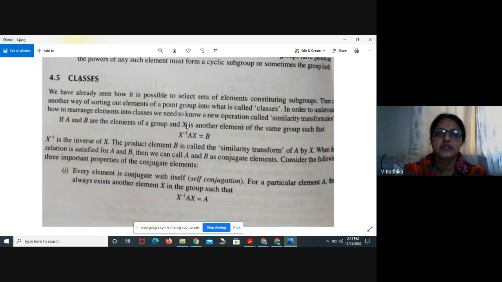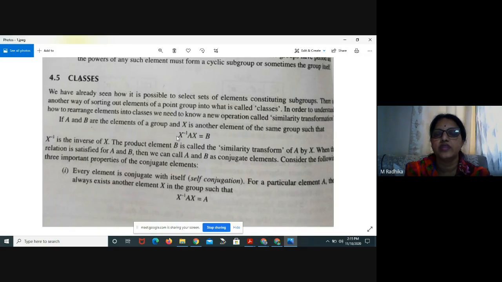So these are the symmetry elements. So in general, if I take any point group and A, B and X as the symmetry elements in that particular point group, the thing you have to understand is whenever I take this product of these three, that is X inverse A X, it will give you an answer as B.